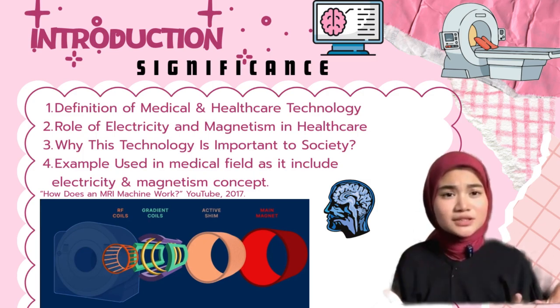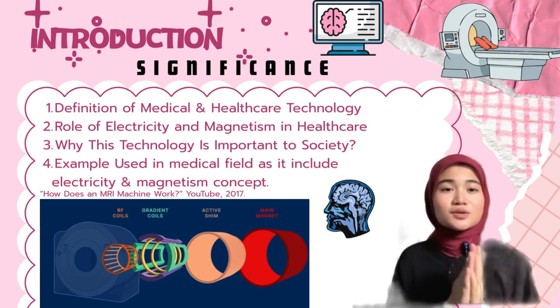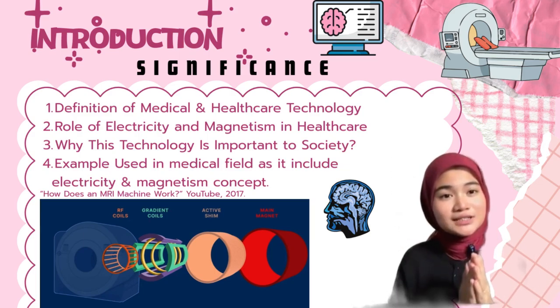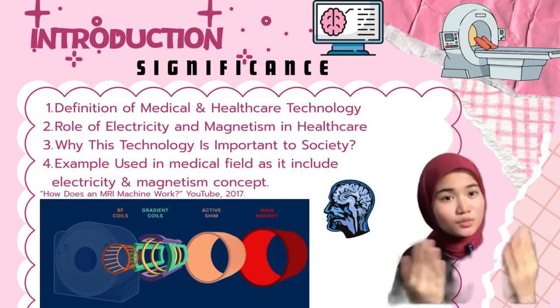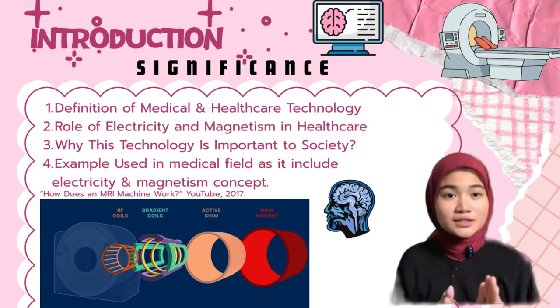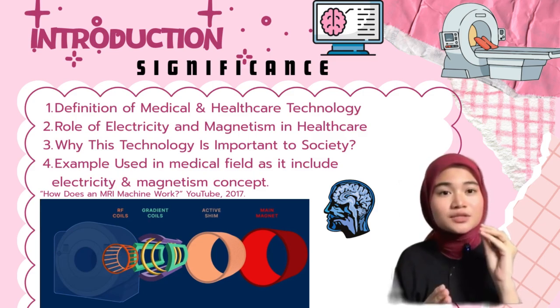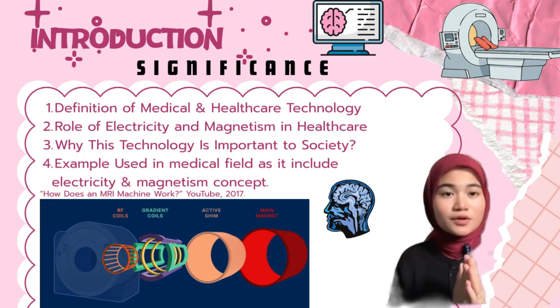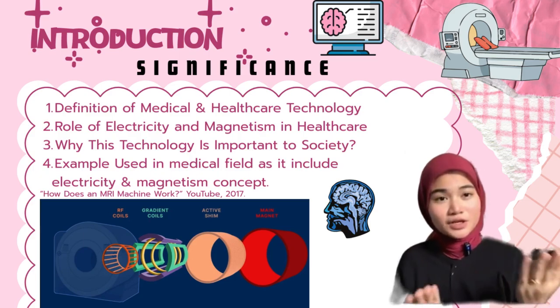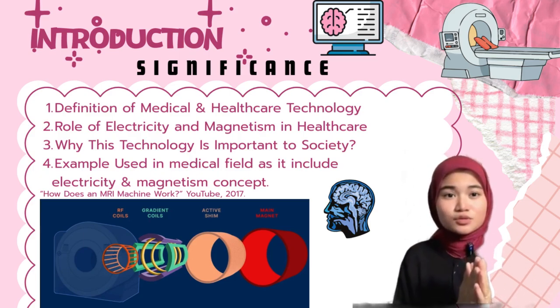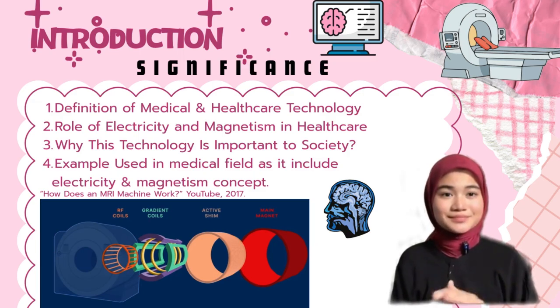How can it help doctors? How can it help patients? As it applies in the MRI machine, it helps both doctor and patient. Why? Because the MRI machine creates a high resolution 3D image for diagnosis. So diagnosis becomes easier for the doctor and the patient doesn't have to go through a surgical procedure.